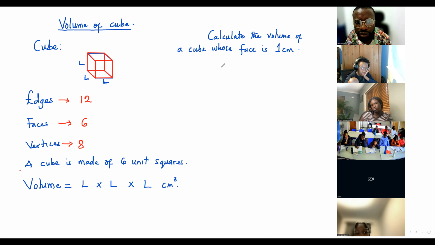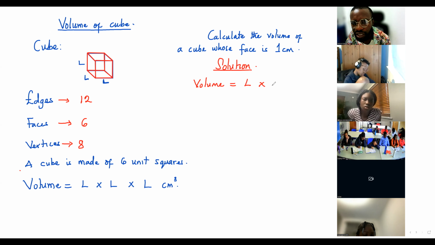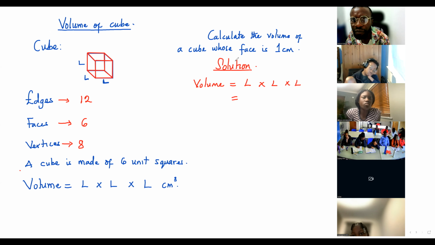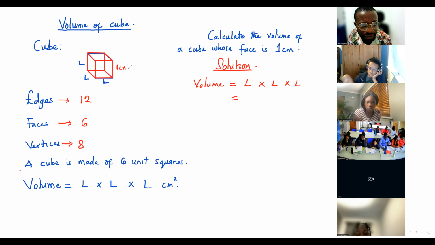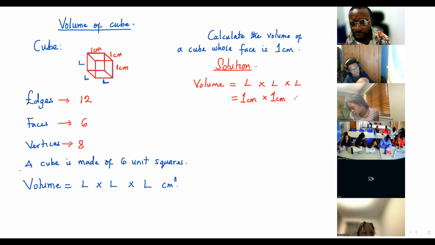Solution: the volume of a cube is length times length times length. The face of this cube is 1 cm, which means this is 1 cm, this is 1 cm, and this is 1 cm. So we go 1 cm times 1 cm times 1 cm.